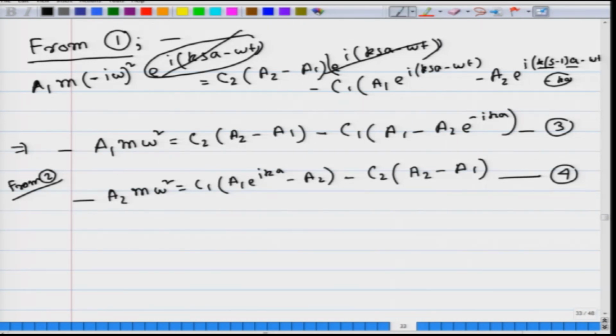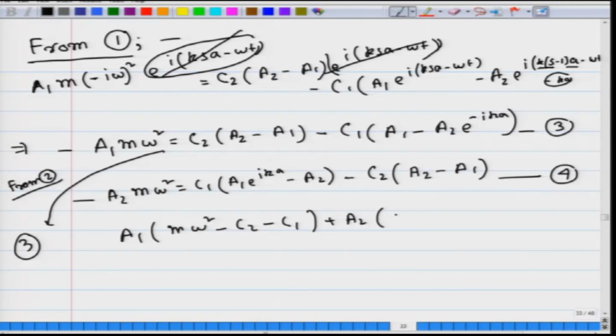Okay. So now rearranging equation 3, I am just taking everything to one side. So, for A1 into (m omega squared minus C2 minus C1) plus A2 into (C2 plus C1 e to the power minus i k a) equals 0, we take this as 5.